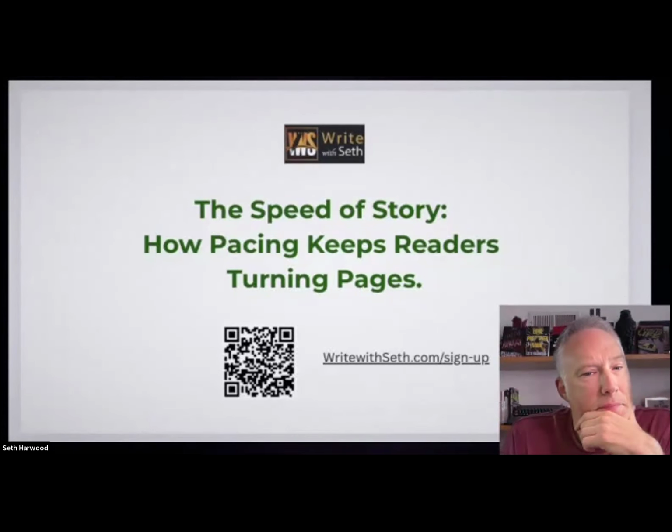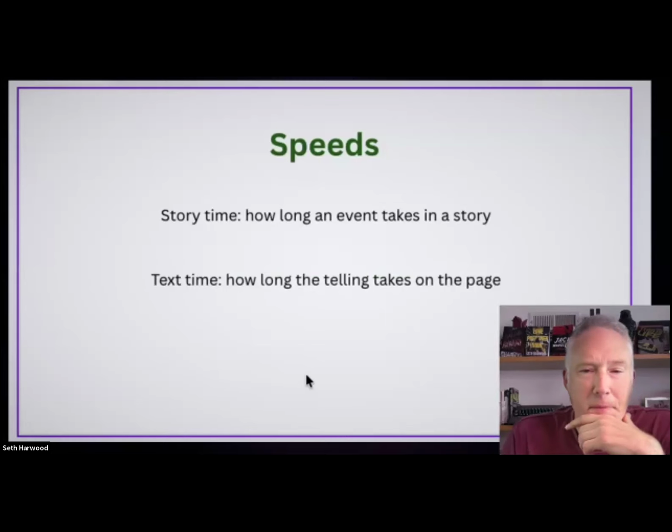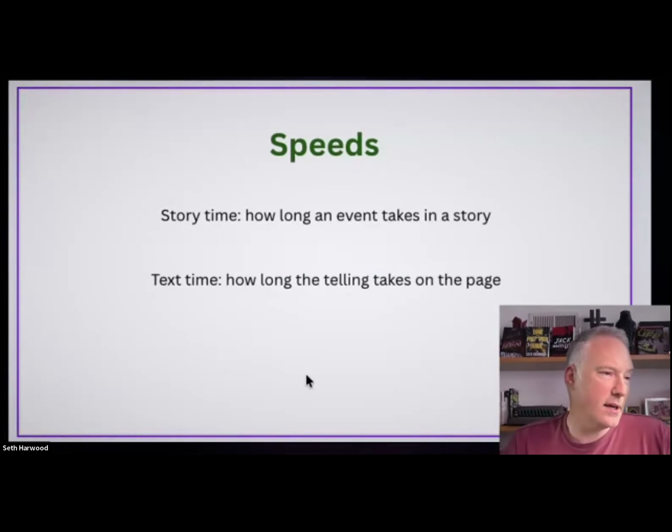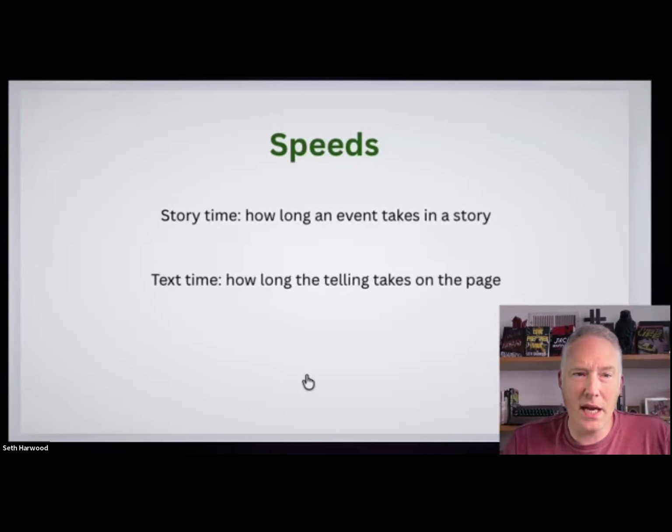So the first thing we're going to talk about is pacing and speeds. There are two concepts I want to start out with. This material comes from a book by Jane Alison, and I'm going to share a PDF of that with you afterward. The book is called Meander, Spiral, Explode, and it's about different ways of structuring fiction.